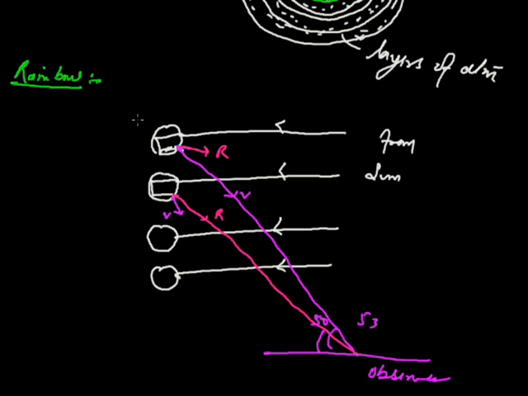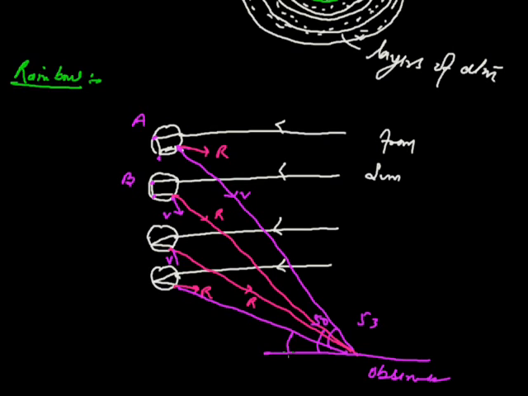In these drops A and B, partial internal reflection takes place 2 times. The first time is here and the second time is here. But in this drop, the internal reflection takes place only 1 time. The red and violet colors reach the observer's eye.